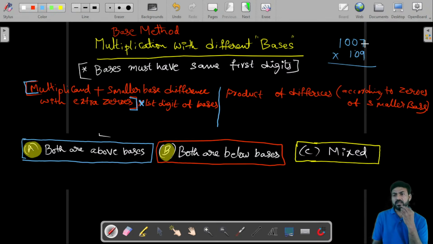The bases must have the same first digit, like this. Here we have first digit 1.